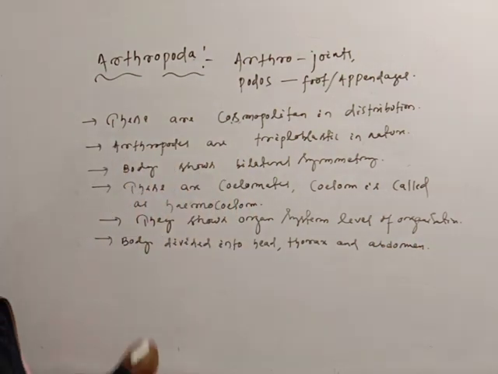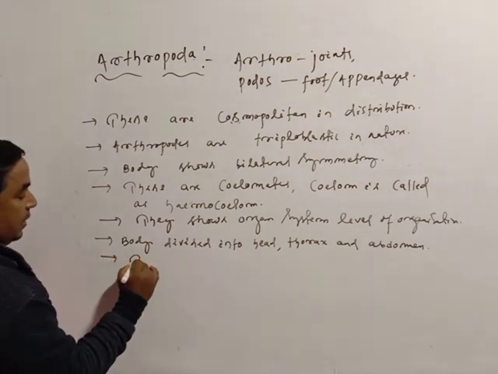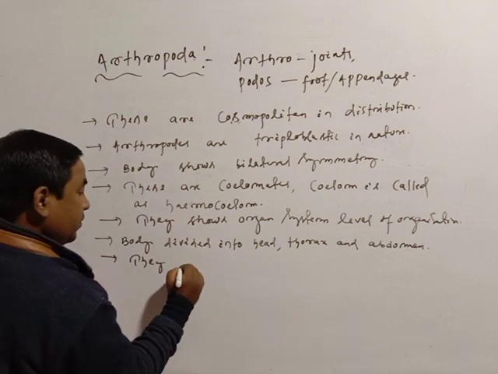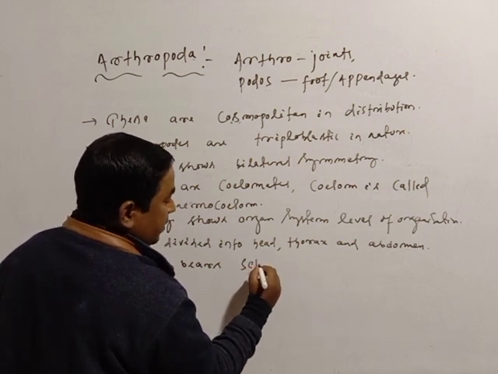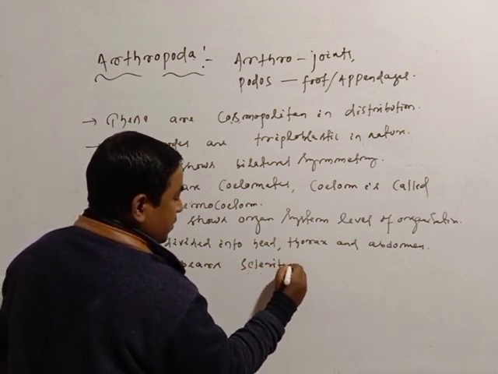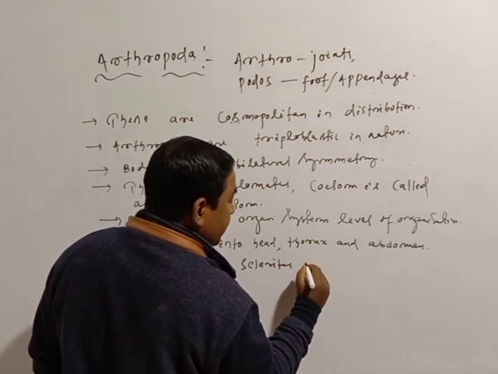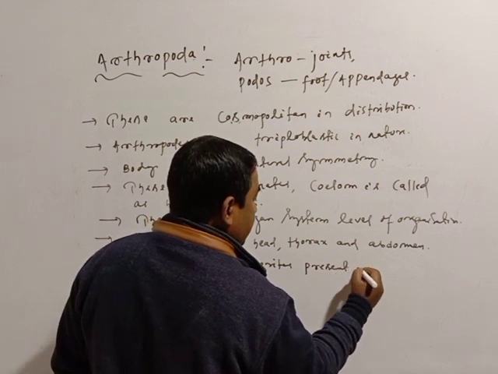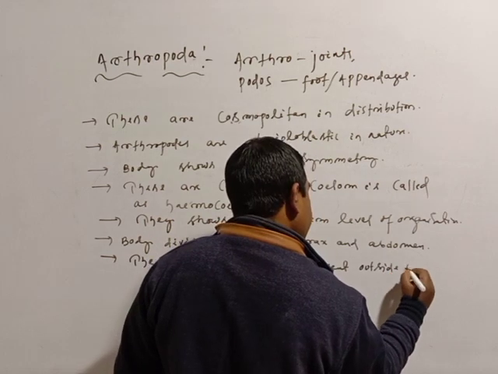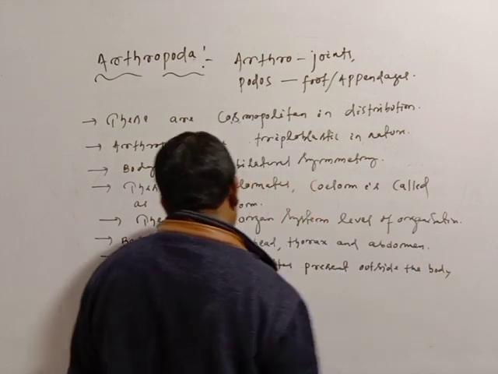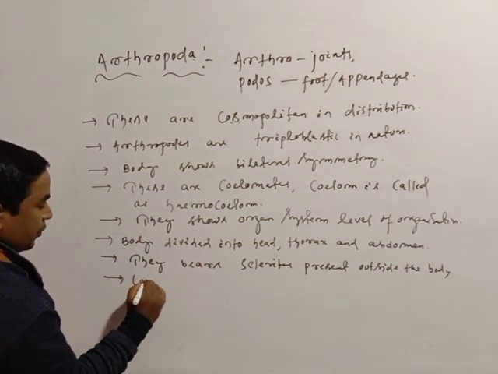Next, it contains the various sclerites present outside the body. Next, locomotion takes place by.